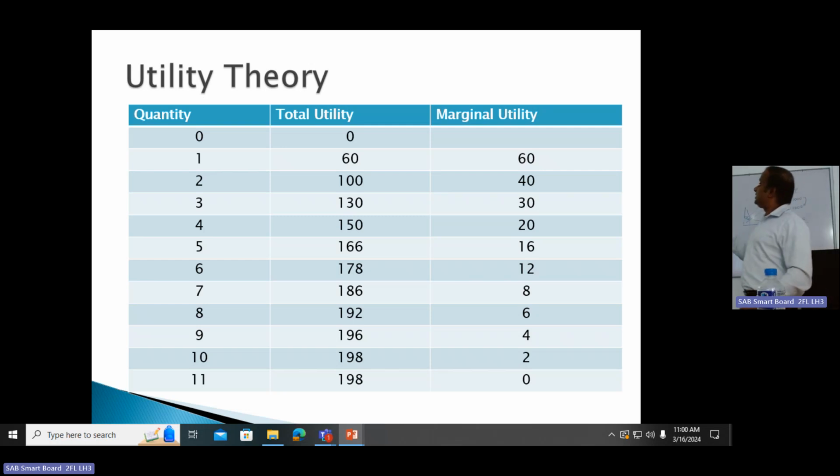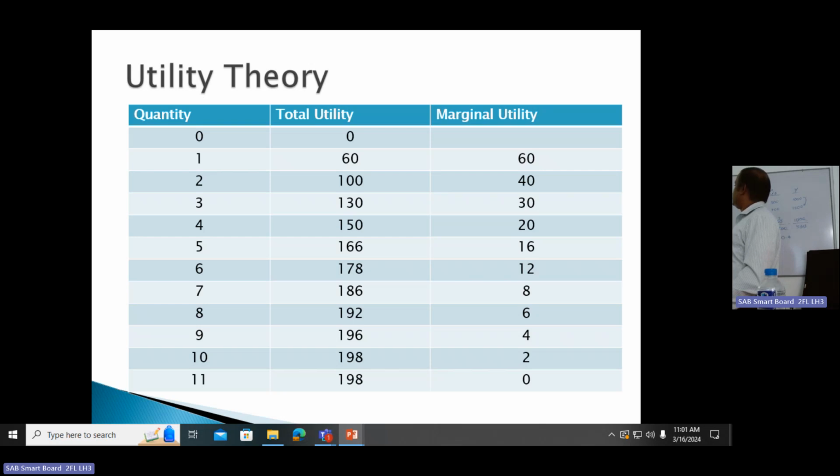And how do you obtain the marginal utility? Delta TU divided by delta X, or delta TU divided by delta Q, where Q is the quantity that you consume. That is the marginal utility.